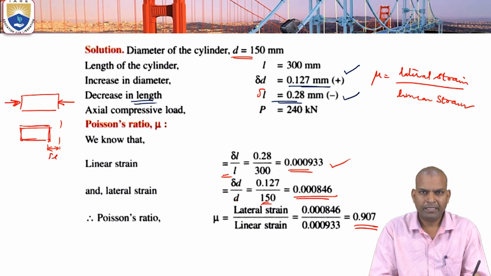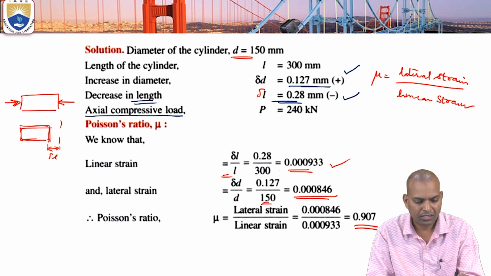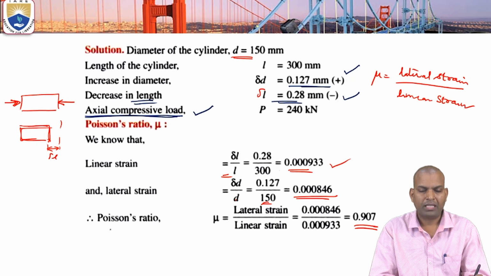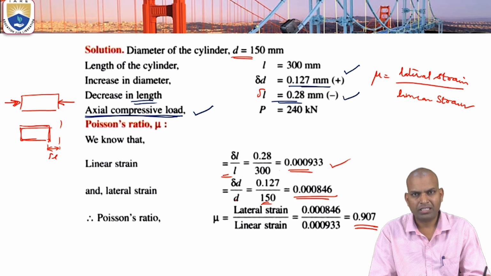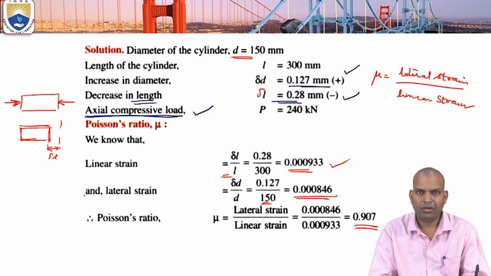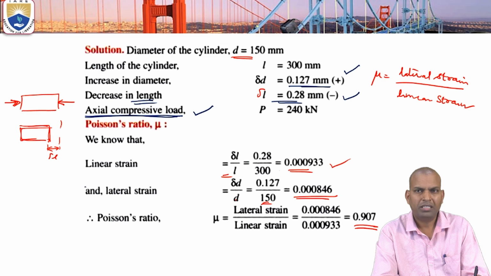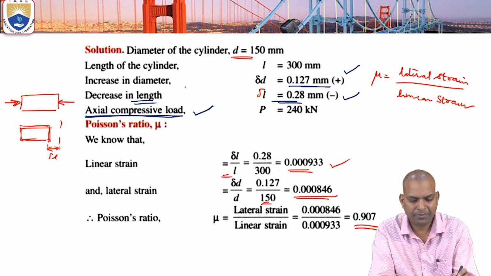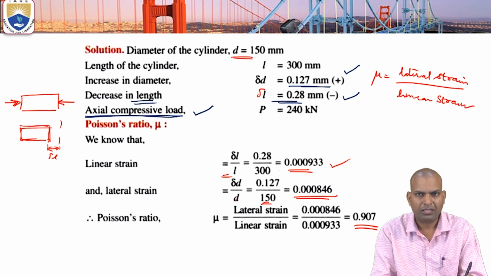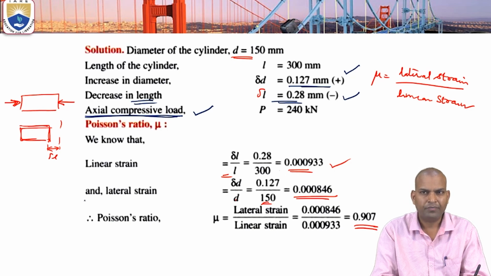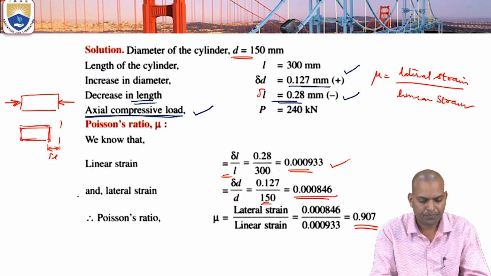The load applied here is an axial compressive load. When an axial compressive load acts on the specimen, decrease in length and increase in diameter take place. That is the interpretation one can perceive from the data of a given problem.